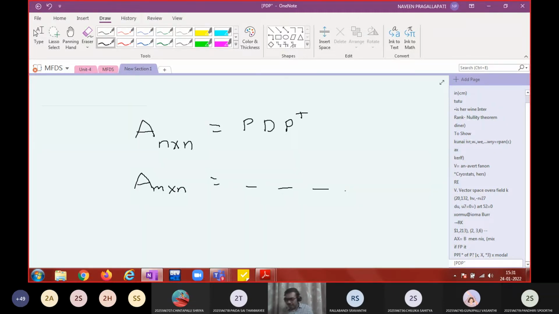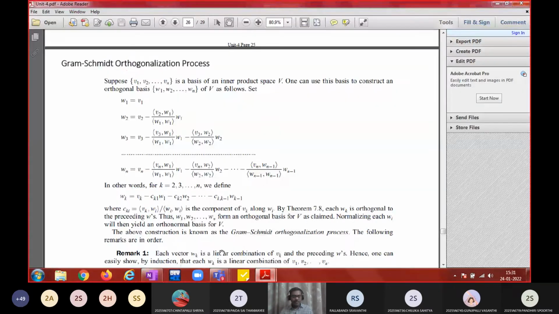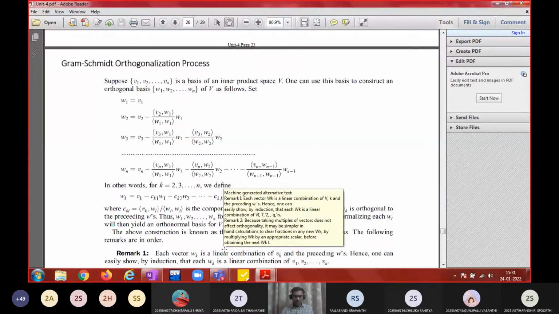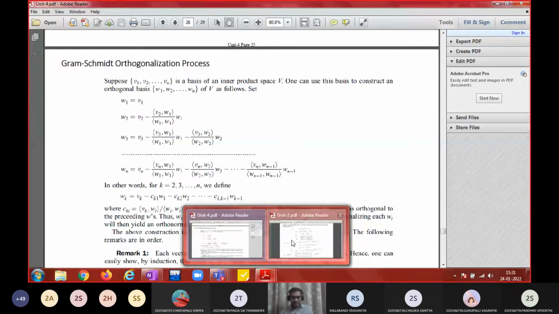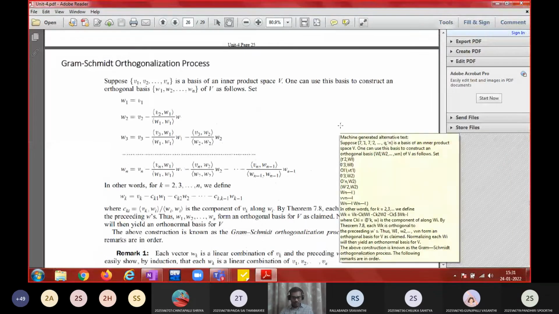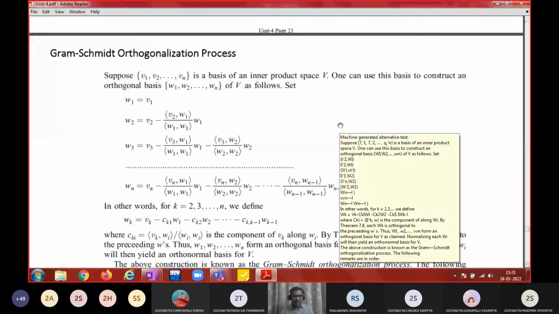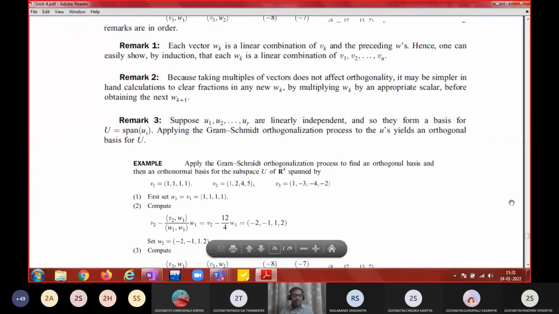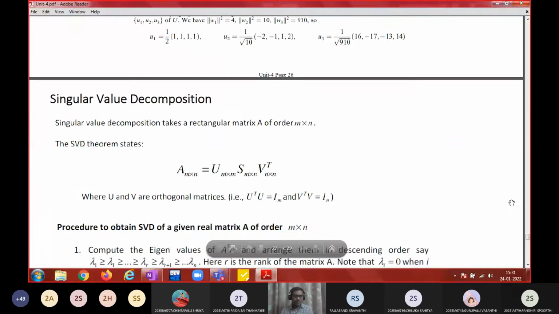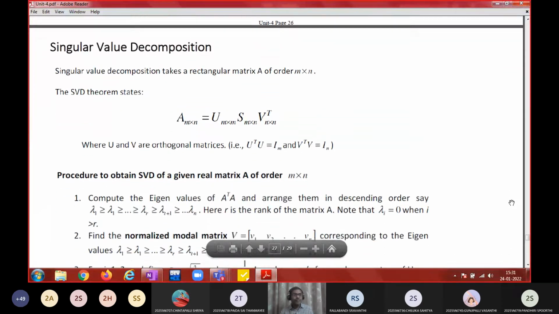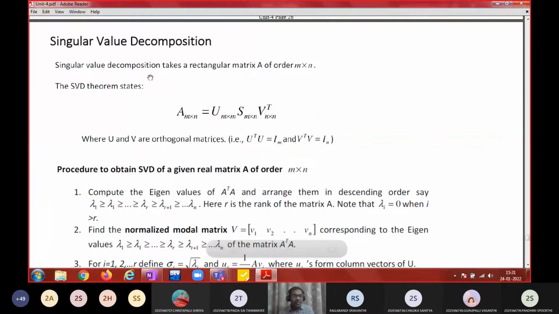Now, what is singular value decomposition? Singular value decomposition takes a rectangular matrix of order m by n. It can be any matrix.